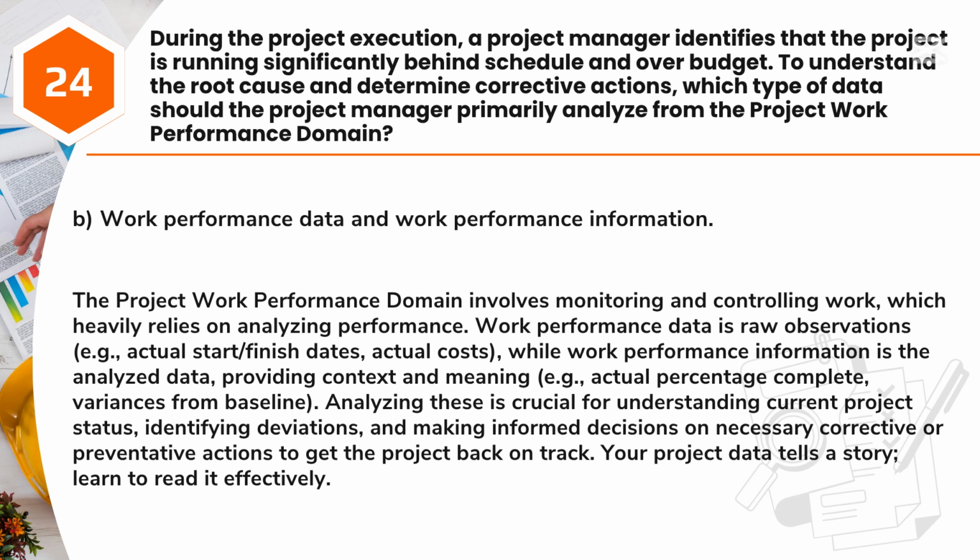Analyzing these is crucial for understanding current project status, identifying deviations, and making informed decisions on necessary corrective or preventative actions to get the project back on track. Your project data tells a story, learn to read it effectively.